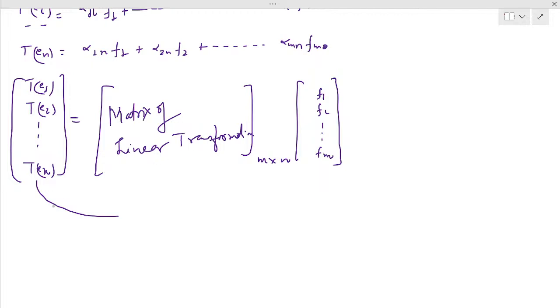Let's say these are basis set b1 and this is basis set b2. So this particular matrix is often written in this way also. What is happening is that we are writing b1 in terms of linear combinations of b2, right? So elements of b1 are written as linear combinations of b2.